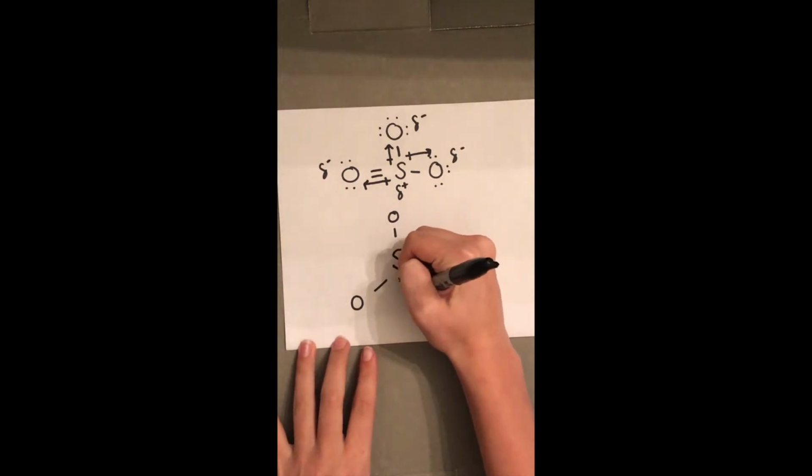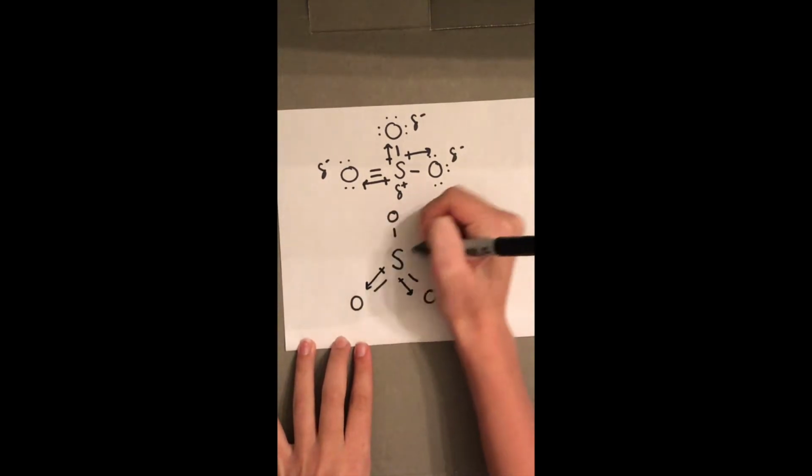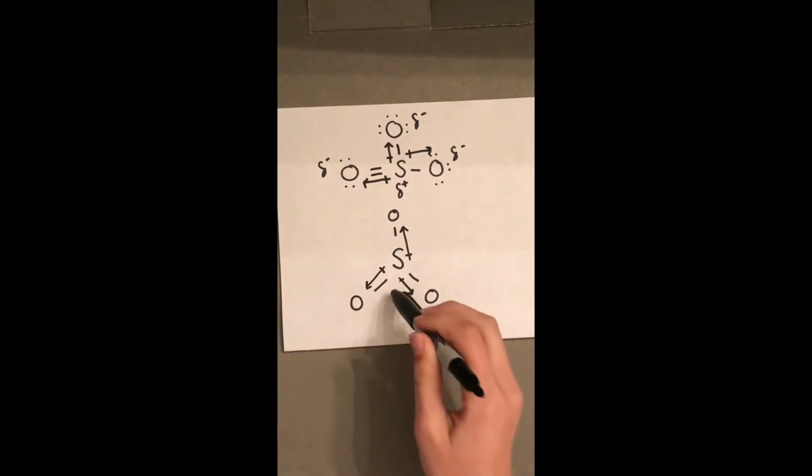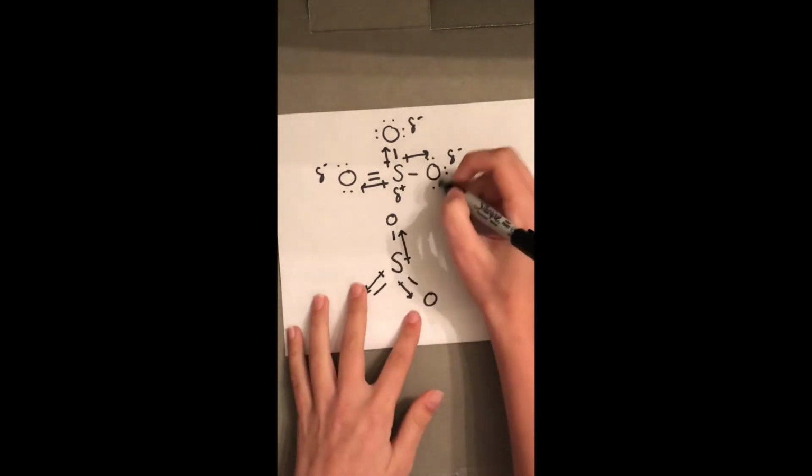Again, drawing the bond dipoles, they will look like this. In trigonal planar, we know that all of the angles are equal. So the bond dipoles will cancel. And since they have all identical domains, this molecule is nonpolar.